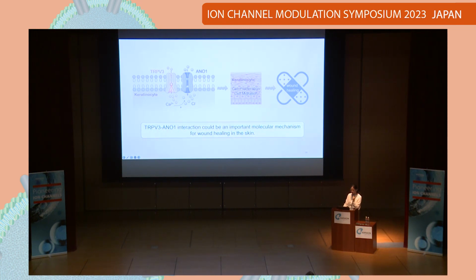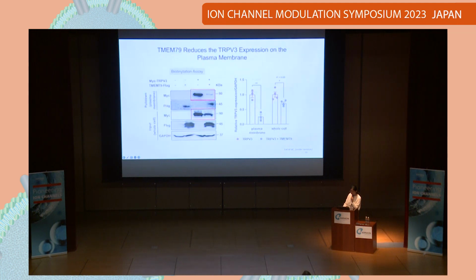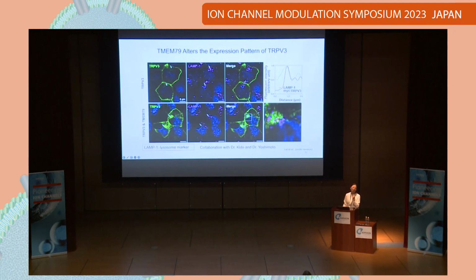I never checked the expression of anoctamin-1 in the primary skin keratinocyte. This is a weak point for our study. There's no good antibody for both TRPV3 and TMEM79, so we could not detect their relative expression level.